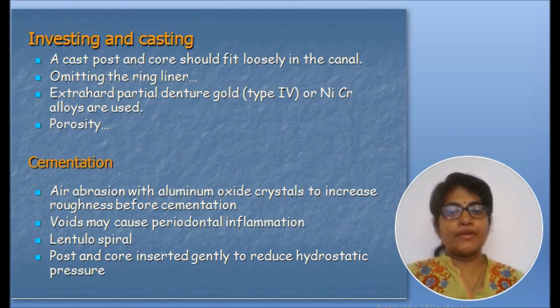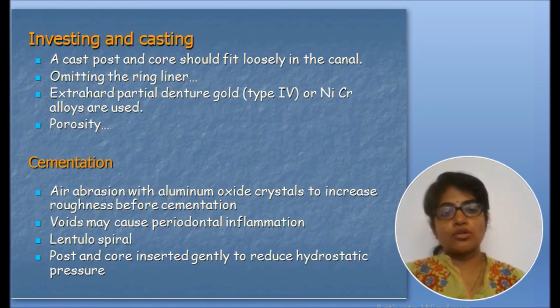Now coming to investing and casting, a cast post and core should fit loosely in the canal. You can omit the ring liner. Extra hard partial denture gold, that is type 4 alloys, or nickel chromium alloys are used, but we have to take care of the porosity.